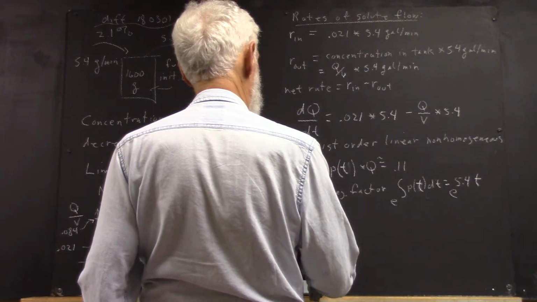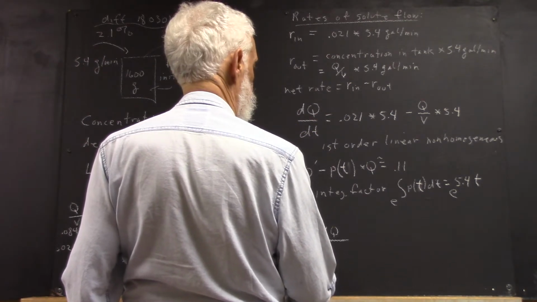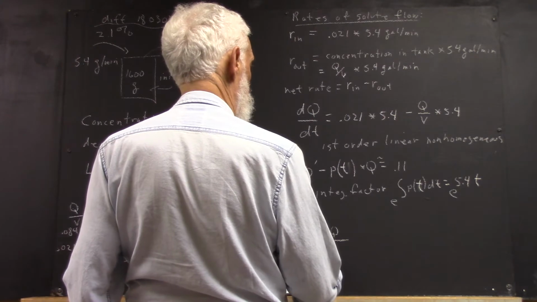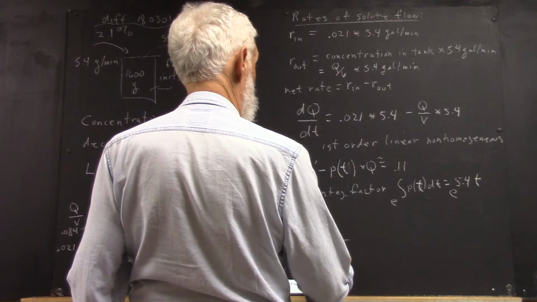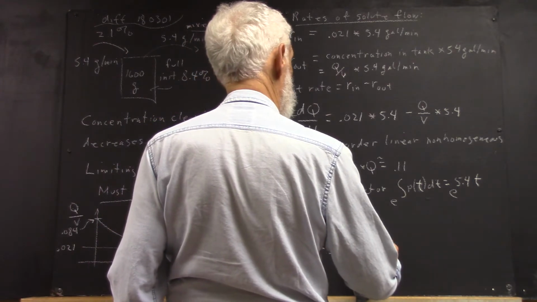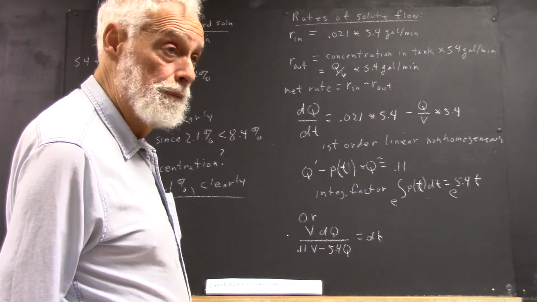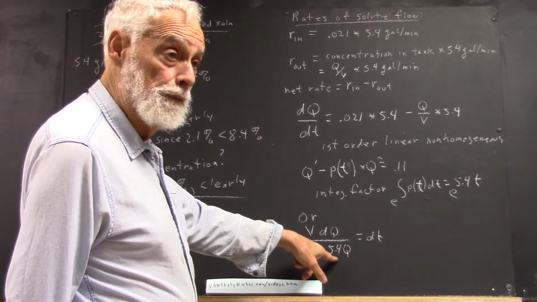So it's going to be V dq over approximately 0.11 V minus 5.4 Q equals dt. You're going to get a natural log of this.